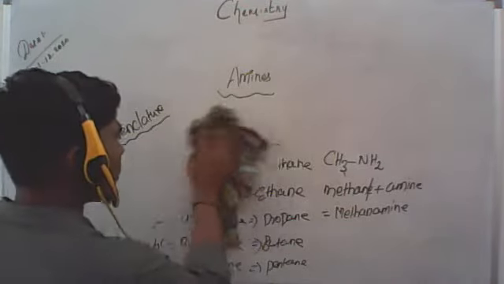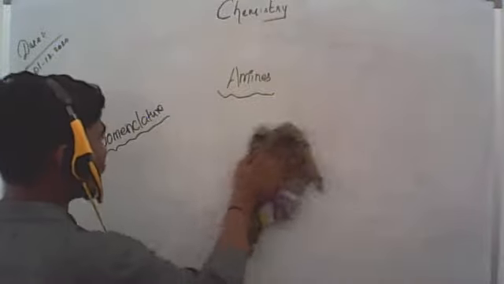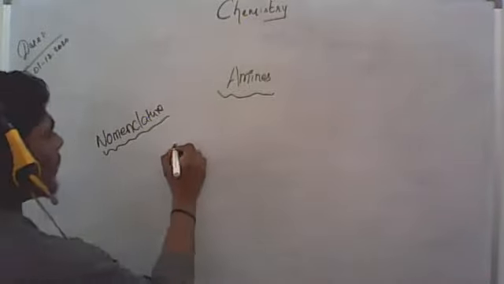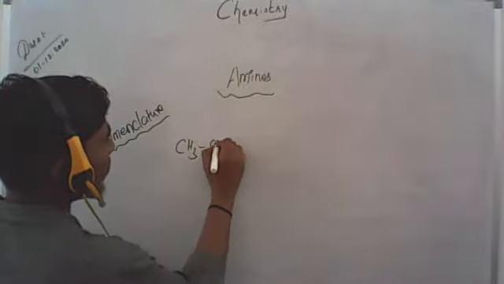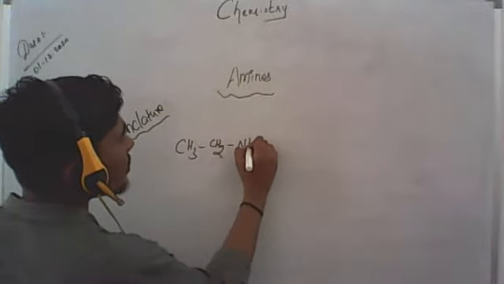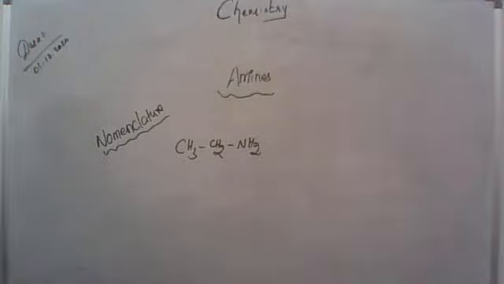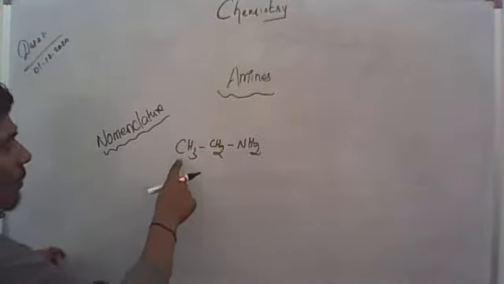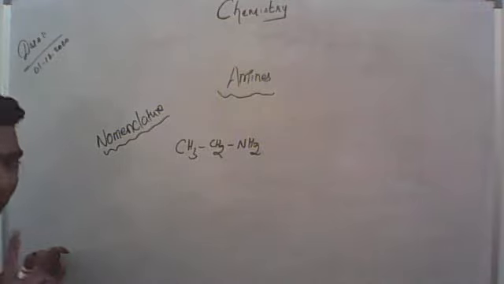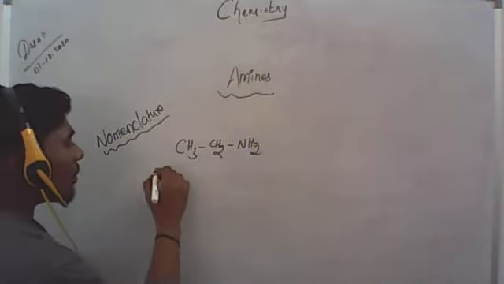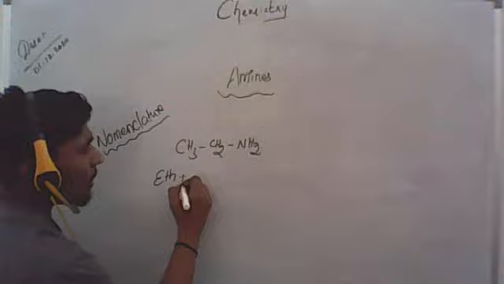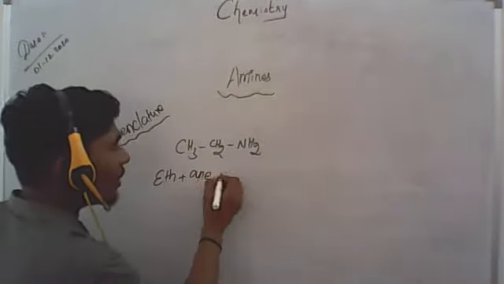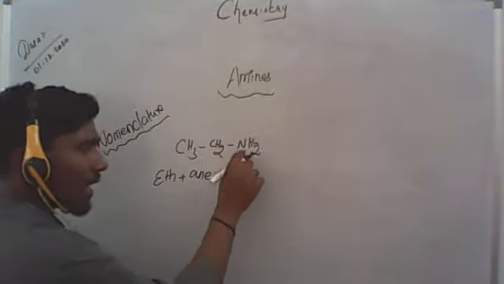Okay, then next, I am going to discuss the next example. CH3, CH2, NH2. Okay, see here, the number of carbons, it's a two carbon system. Carbon has single bonds, so it is an alkane. Okay, so two carbon means it is eth, plus carbon has single bonds, so it is ane, alkane. Okay, then it is an amine.